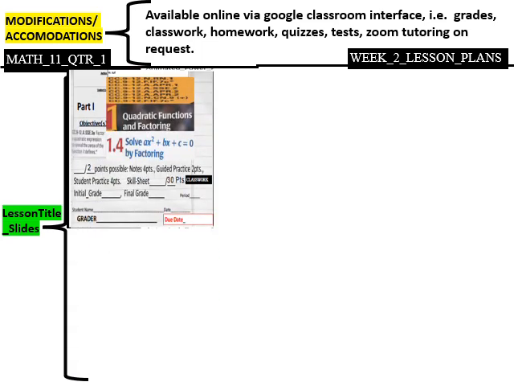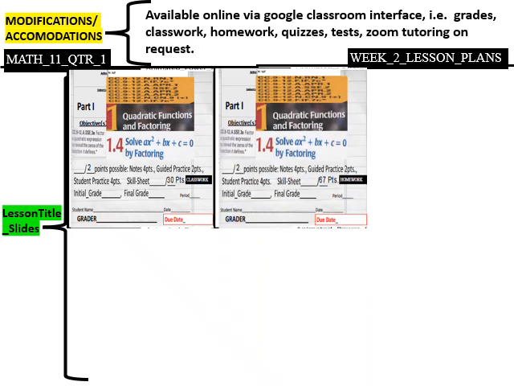And we start out here with week 2 of 1.4, part 1 classwork, 30 points, 2 points in note taking. 1.4 is solve ax squared plus bx plus c equals 0 by factoring. And then we've got part 1 homework, 67 points.